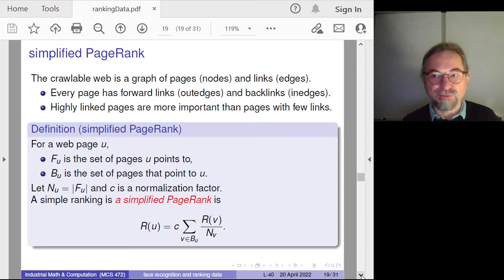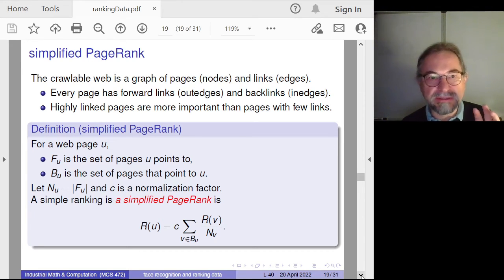So you are important if many people say that you are important, and the more important those people are, the more important you are. So one can rank many items like that. I'm just now referring to you, not to you as an item, but you get the point here.